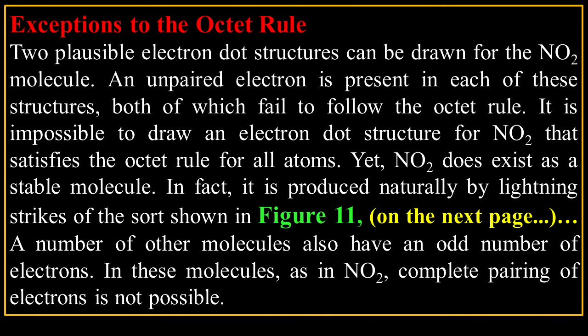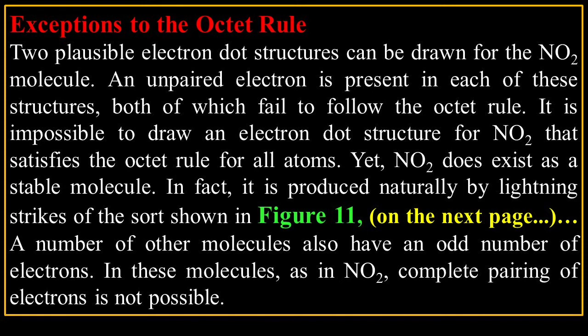2 plausible electron dot structures can be drawn for the nitrogen dioxide molecule. An unpaired electron is present in each of these structures, both of which fail to follow the octet rule. It is impossible to draw an electron dot structure for NO2 that satisfies the octet rule for all atoms. Yet, NO2 does exist as a stable molecule.